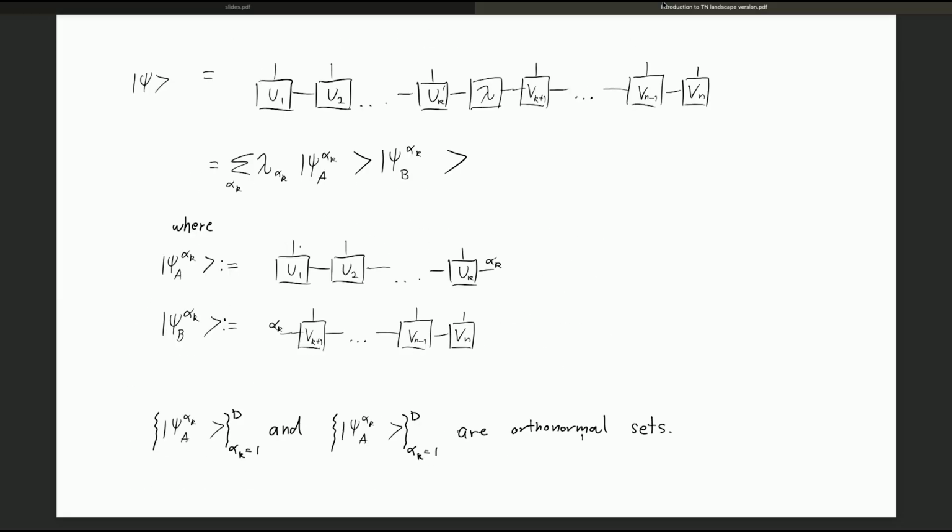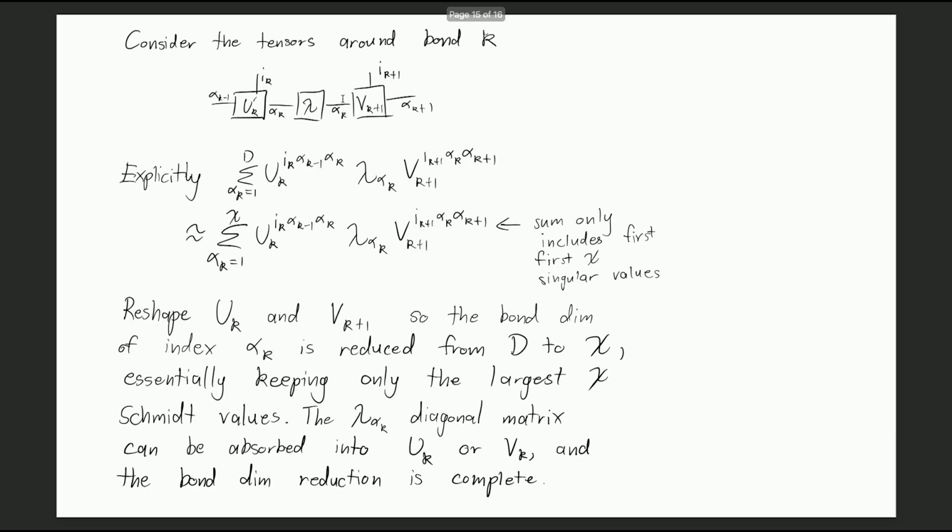So now we wanted to compress this particular bond. We can just do it in the same way that we did all the other compressions before. So you just set all but the first chi singular values to 0. And then you reshape the tensors to the left and right to only keep the information that corresponds to the singular values that are non-zero.